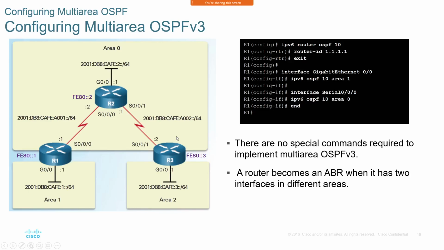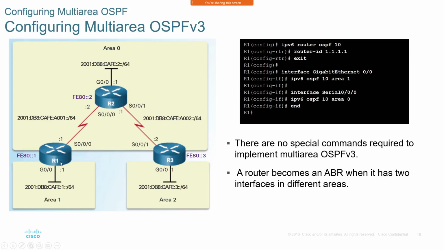Does anyone remember what happens if I forget to assign the router ID? Is this still going to work? It will tell you that you need to assign one because you don't have any IPv4 interface.